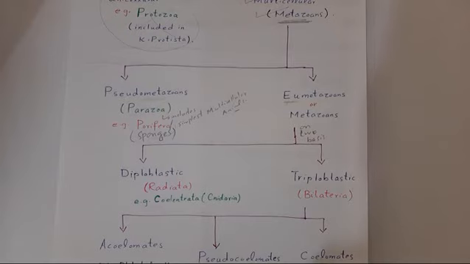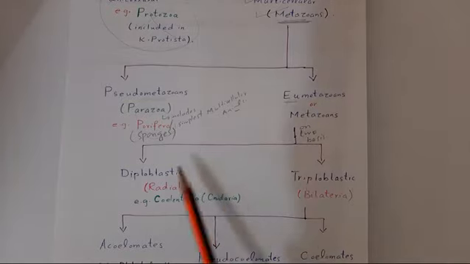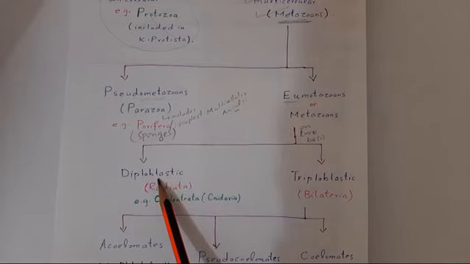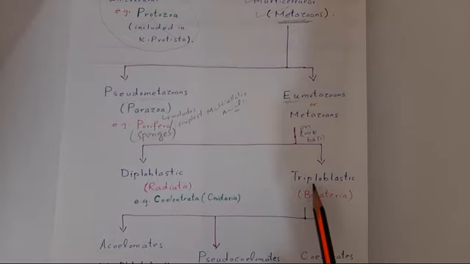So on the basis of arrangement of cells in the body wall, the eumetazoans are classified into two groups. One group is called diploblastic animals, diploblastic eumetazoans, and the triploblastic multicellular animals are triploblastic eumetazoans, right?